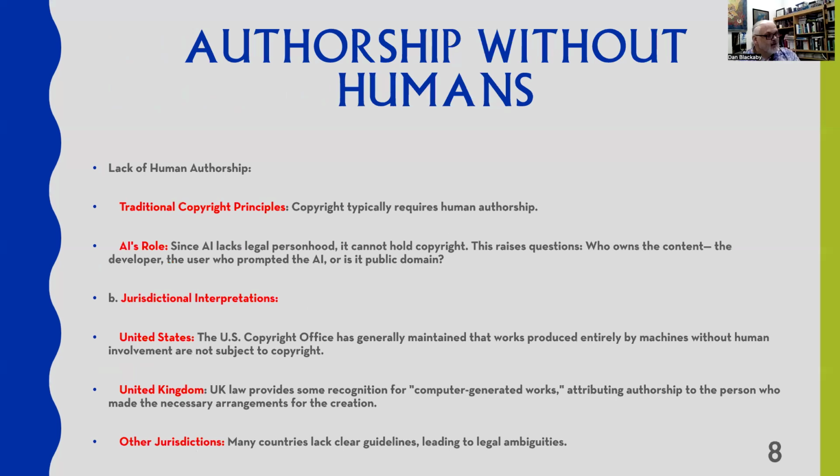Then you have authorship where nobody created it. AI isn't a person, right? So it can't have a copyright itself, but most of them are also corporations, which can hold copyright. So you have to think, okay, is it owned by a corporation?